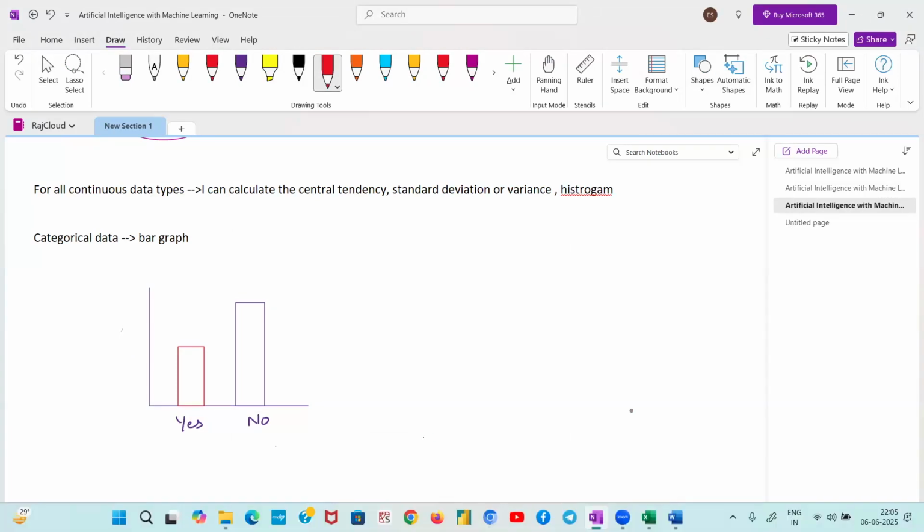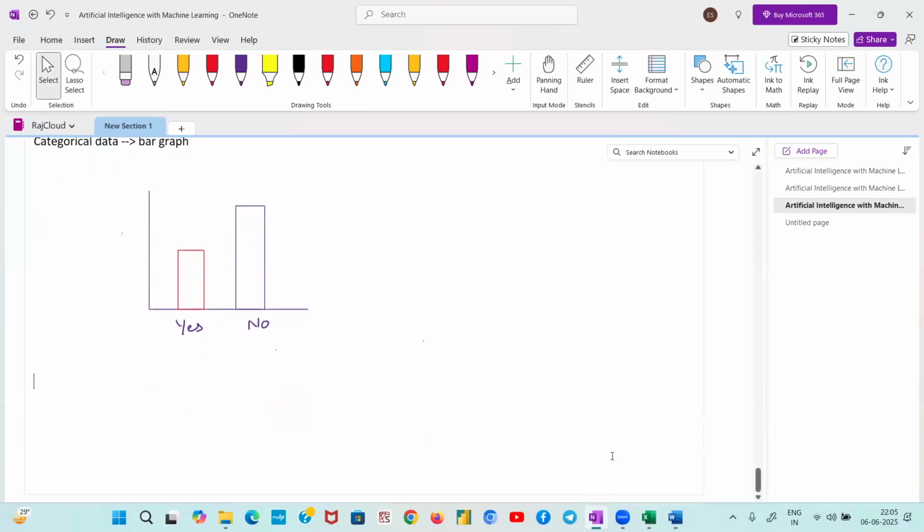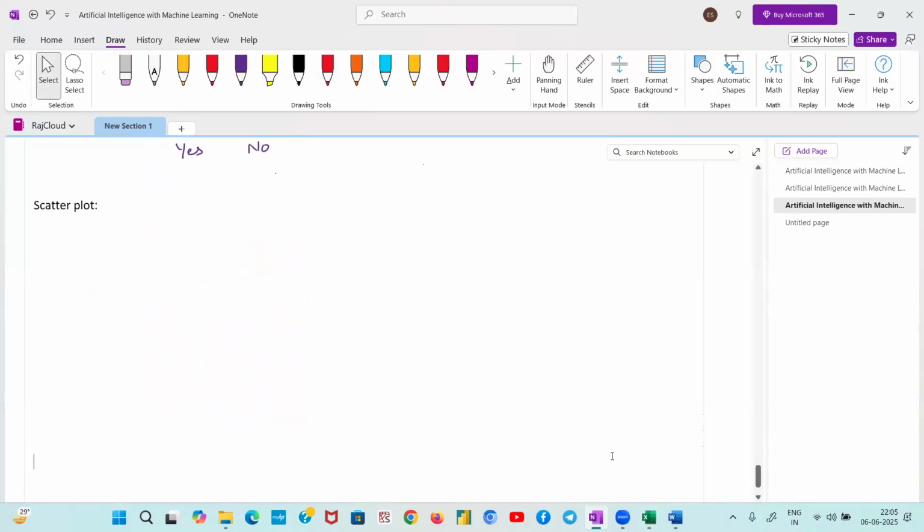One more thing for the continuous variables. I forgot to mention one more graph we can do for continuous variables, that is called a scatter plot. What does scatter plot mean?